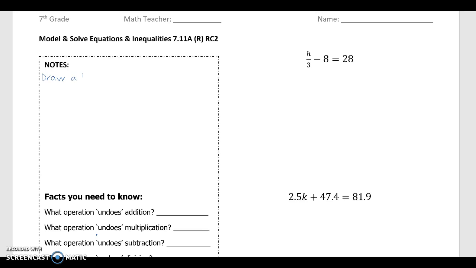This is to remind you that what you do to one side, you do to the other. You have to keep the two sides equal.